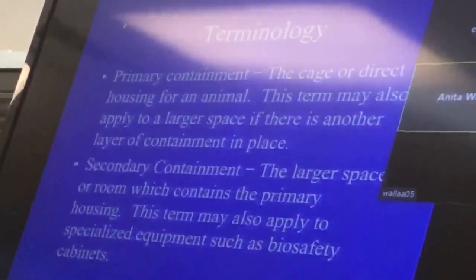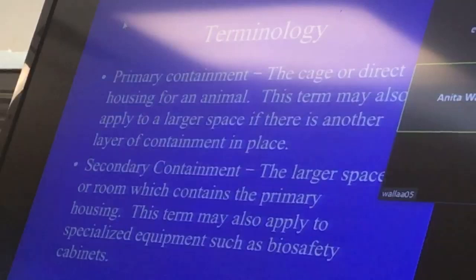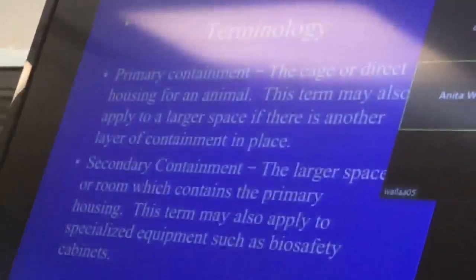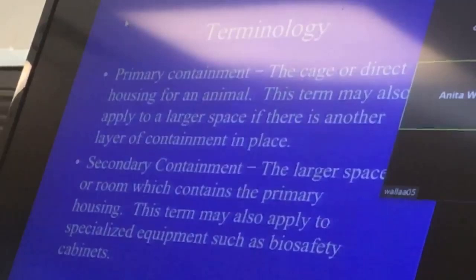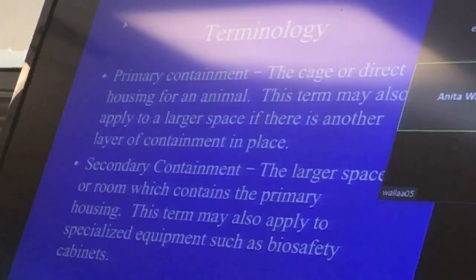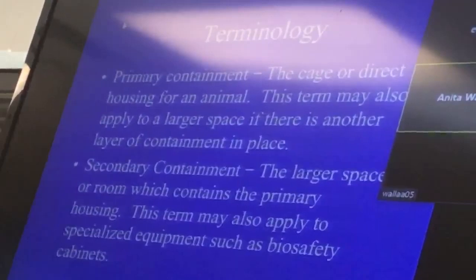As an example, if you have mice housed in a room, the cage is a primary containment, the room is a secondary containment. So the concept is a box within a box when you're talking about the types of containment. That's the easiest way to remember it. The smaller the box, the more primary it is, the larger the box, the more secondary.